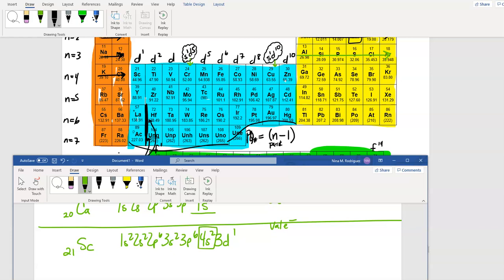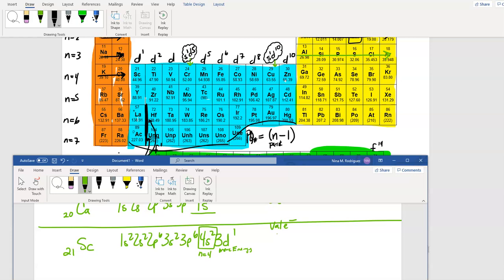A principal quantum number 4 will beat these two always. I know this guy has more energy, but that's not what I asked you. I asked you which orbital is the highest quantum orbital. And a 4s2 is the highest quantum number. It's an n equals 4, while these guys are an n equals 3. He's got more energy, but he's not the highest quantum orbital.